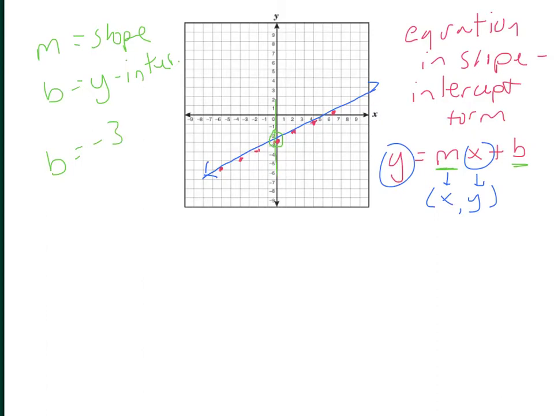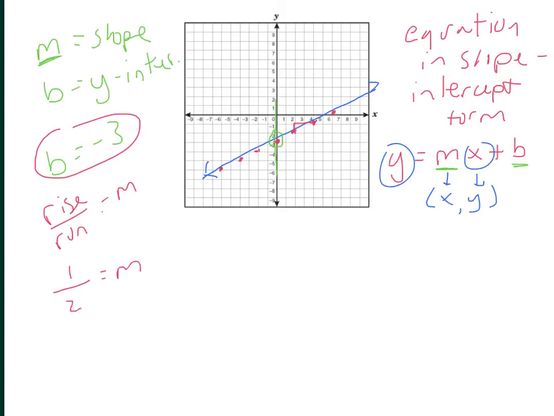That is my y-intercept. For my slope, I can use rise over run. I'm going to pick 2 points. I go up 1, so my rise is 1, and I go to the right 1, 2, so my run is 2.